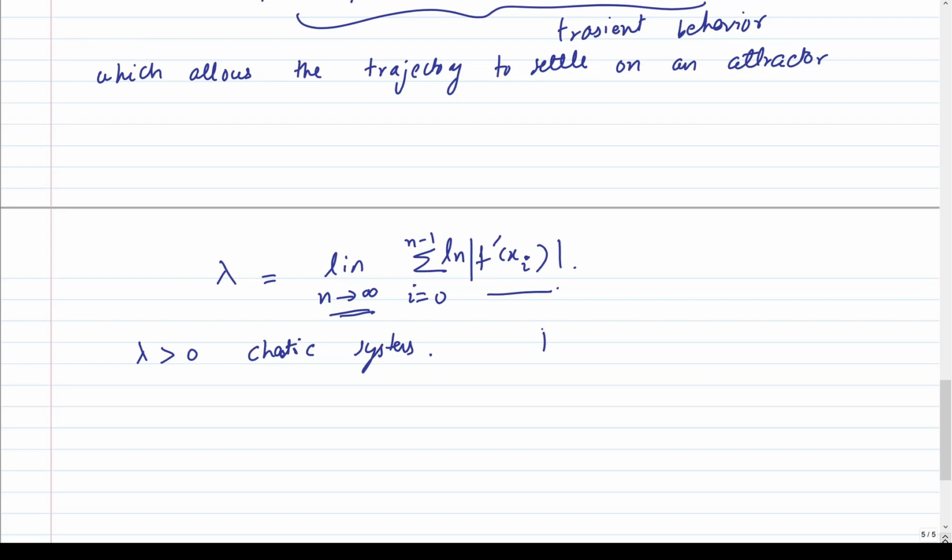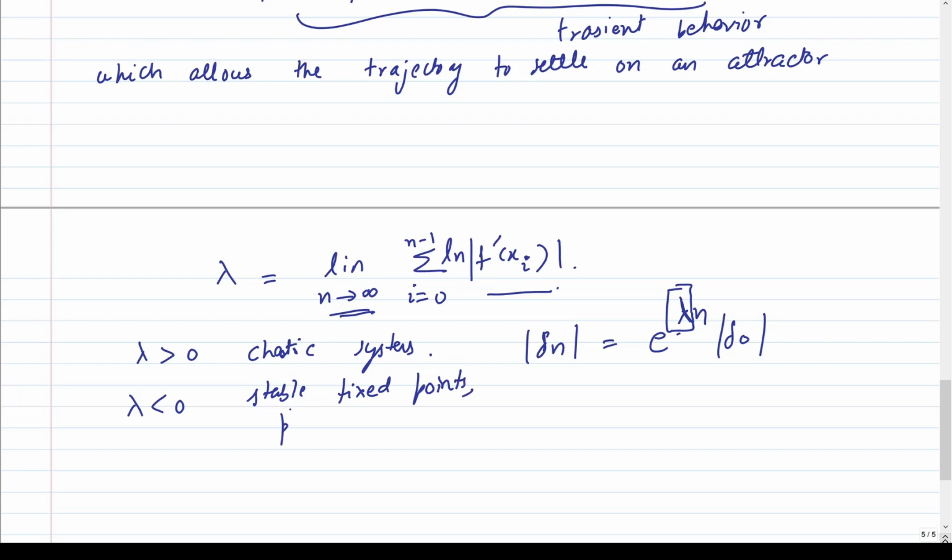Remember, lambda was capturing the rate at which these trajectories were going away from each other. So a positive exponent means indeed an exponential separation. So that's chaotic systems, and lambda is 0 for stable fixed points, stable periodic orbits, so on and so forth, limit cycles.